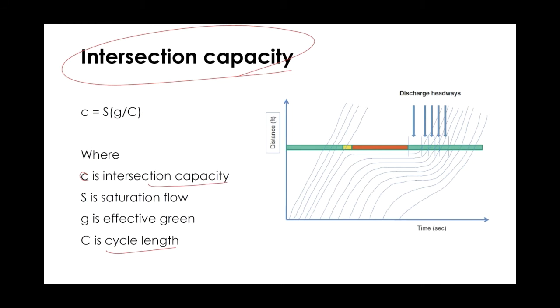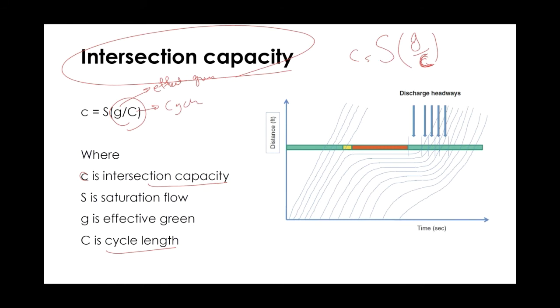Small c, or the intersection capacity, is equal to the saturation flow multiplied by the ratio of the available time for vehicles to move for that approach, which is calculated by the ratio of green over the cycle length, capital C. This g over C ratio is the effective green time divided by the cycle length.